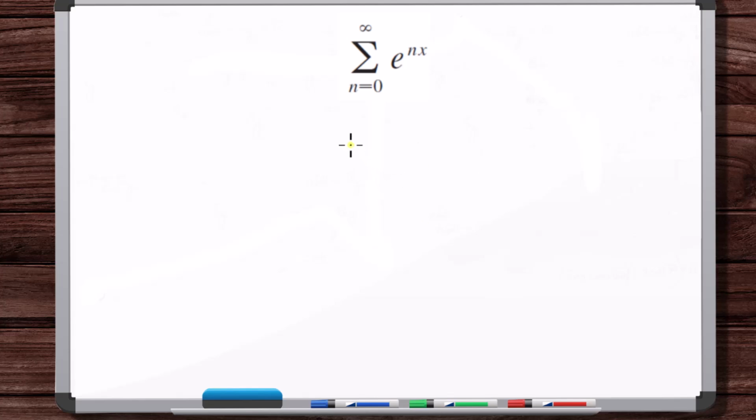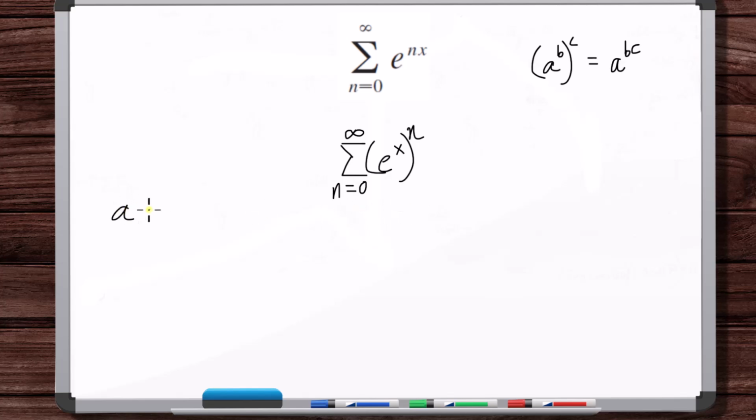Okay, so we can write this as, from properties of exponents, we know that if we have a to the b to the c power, that's equal to a to the bc, right? So we can say e to the x, and that's a geometric series.